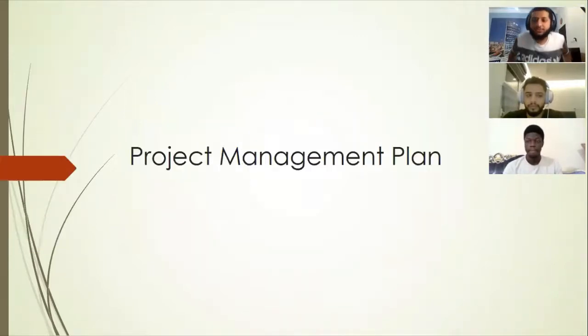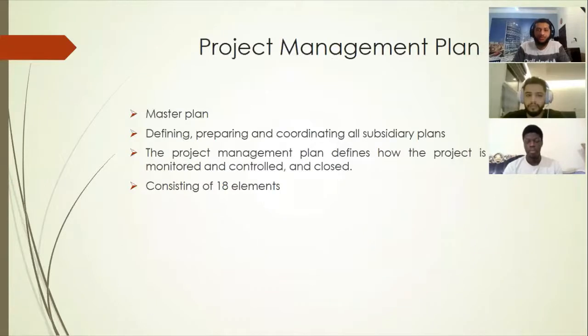In our presentation, before going to the development approach, we will define the project management plan. The project management plan is the master plan of the project. It consists of all the subplans. They define and prepare and coordinate all the subplans and gather it in one plan called a project management plan.